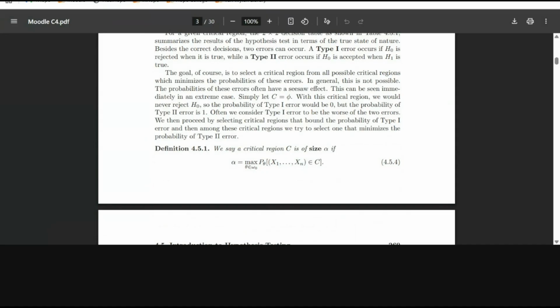Therefore, this definition becomes easier to understand. It means what is the probability of your data falling into the rejection zone, the critical space, when the value of the parameter is the value specified in the null. The word maximum disappears. You know why? There's only one value to think about. There's no, the maximum is this.